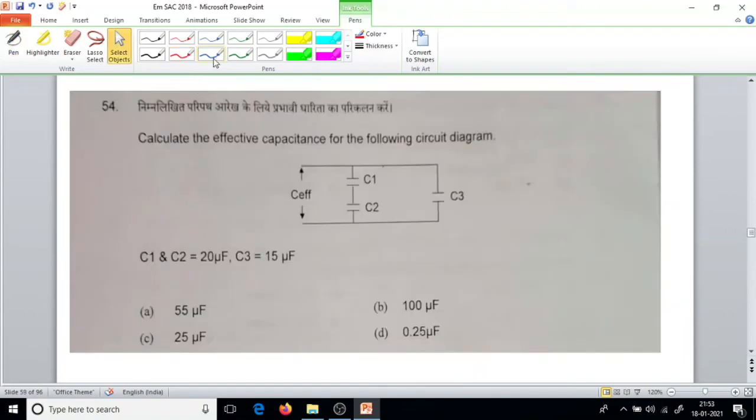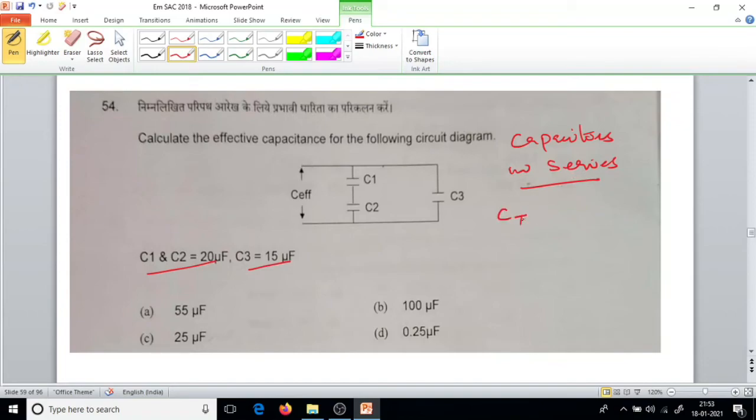Question number 54. Calculate the effective capacitance for the following circuit. C1, C2 equal to 20 microfarad is given, C3 equal to 15 microfarad. Two capacitors are connected in series.